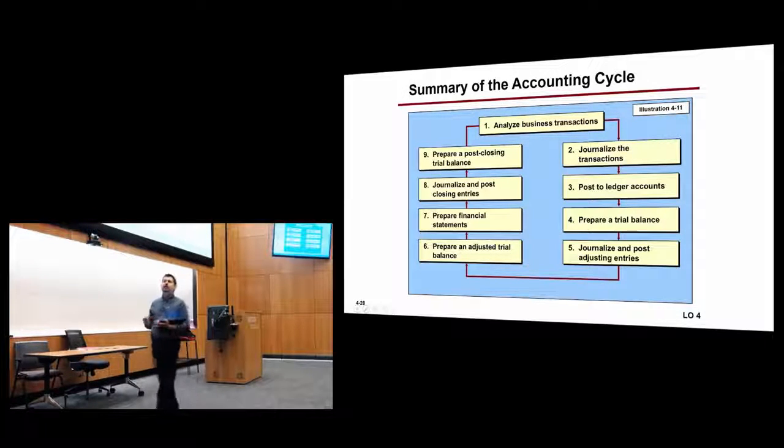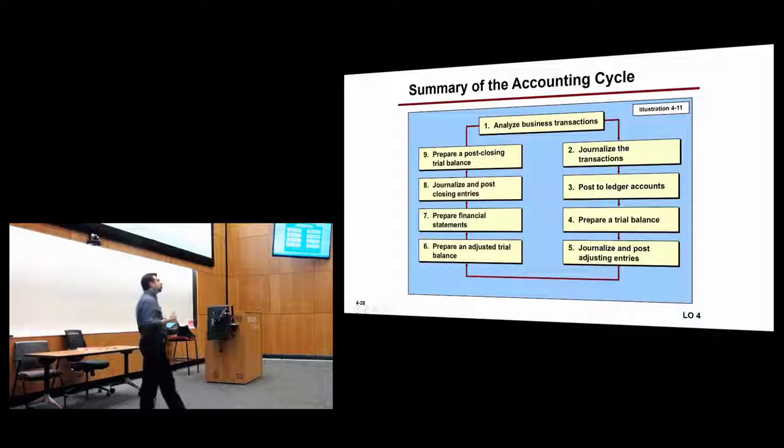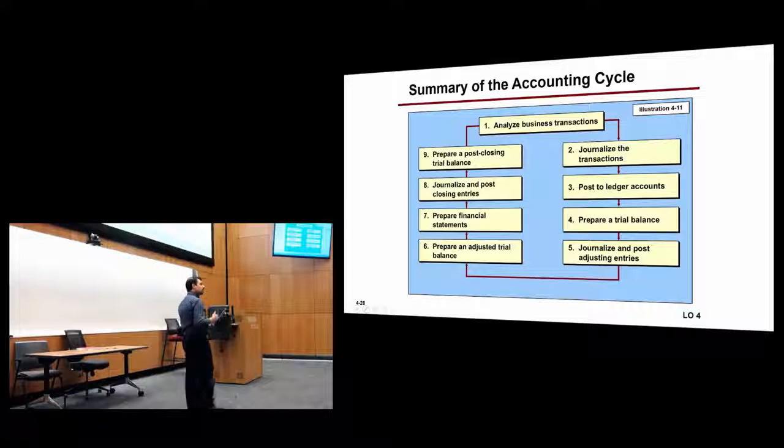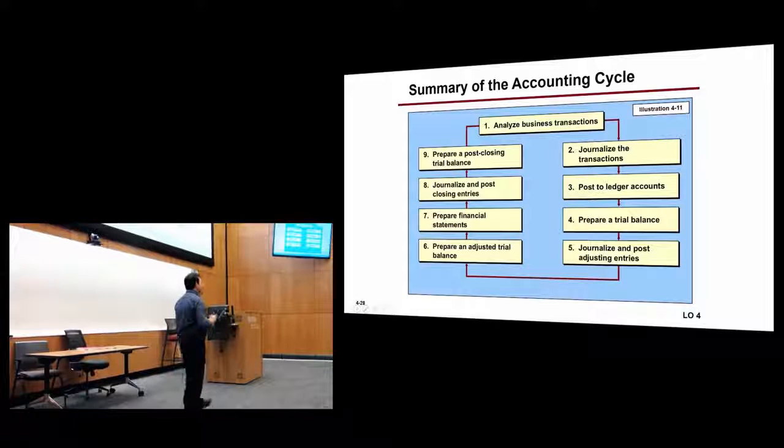And then at the end of each month and quarter, etc., they will prepare a trial balance. They will journalize and post adjusting entries, and then they will prepare an adjusted trial balance. Once you're done with the adjusted trial balance, you start preparing financial statements. That will be quarterly or annual.